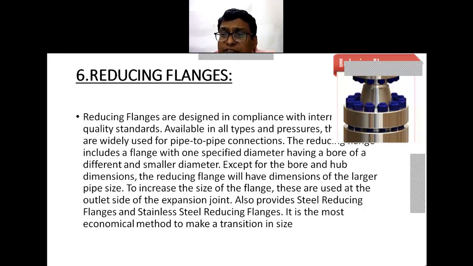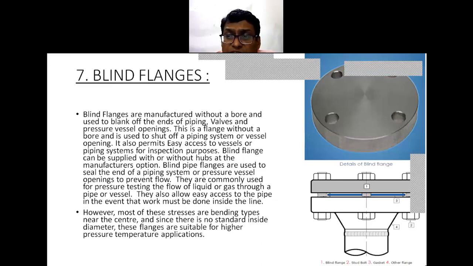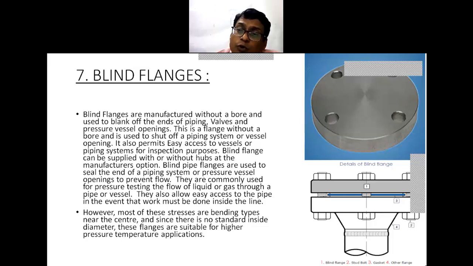Then the blind flanges. These blind flanges are very common in our chemical industries, where we want to end the further flow. But in future, if you require, you can replace this blind flange and use it further.